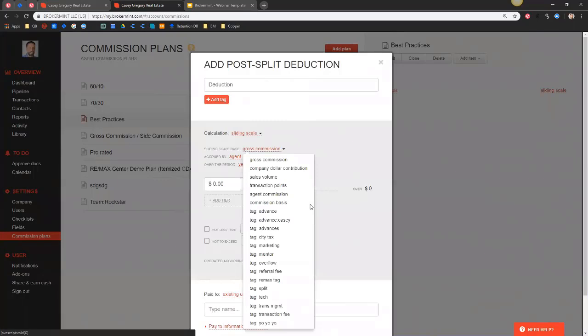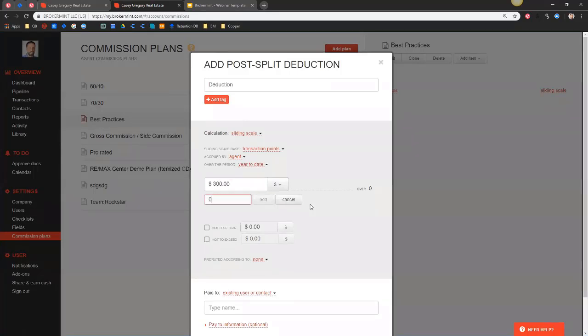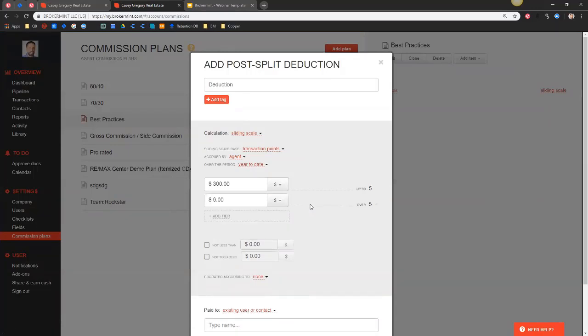Let's say this is going to be based on transaction points accrued by the agent year to date. We're going to charge this agent $300 for the first 5 transaction points. So on their 6th transaction point, we will no longer charge them this transaction fee here.